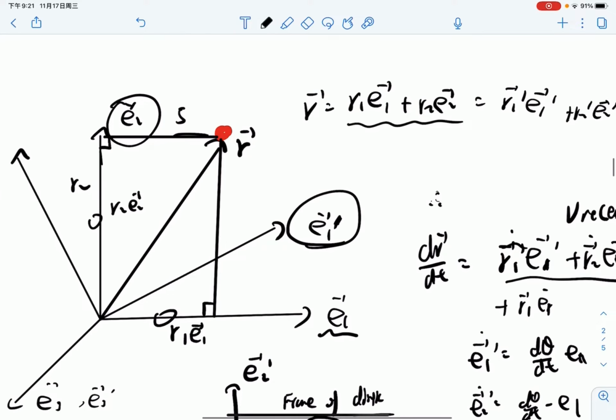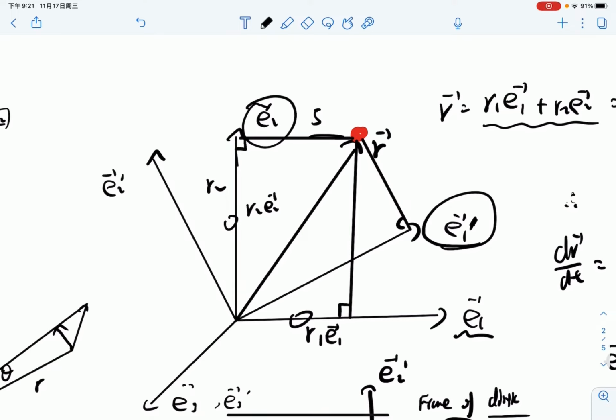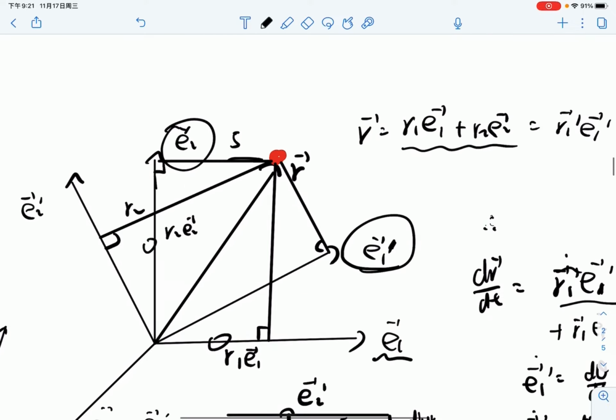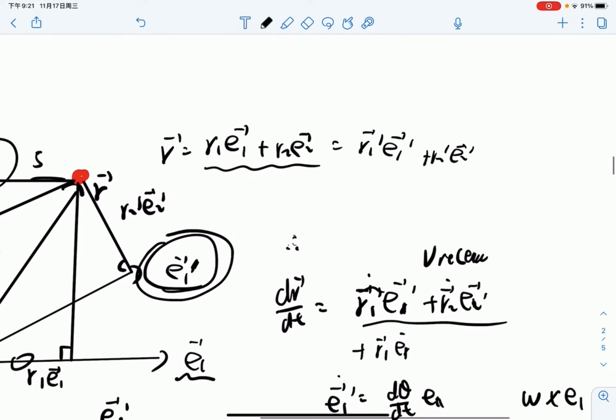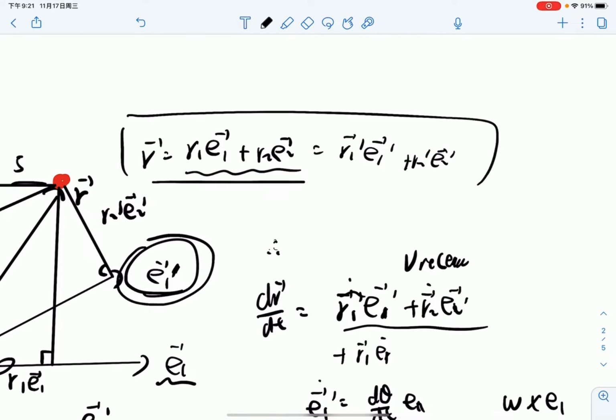The second way is using projection onto S prime, which gives R1 prime and R2 prime, multiplied by the unit vectors E1 prime and E2 prime. You can see these sums are equivalent to each other.